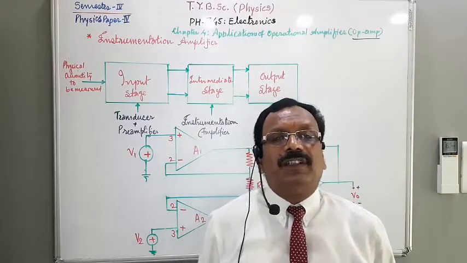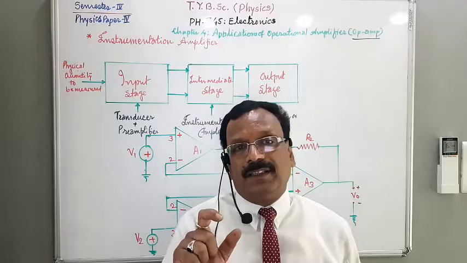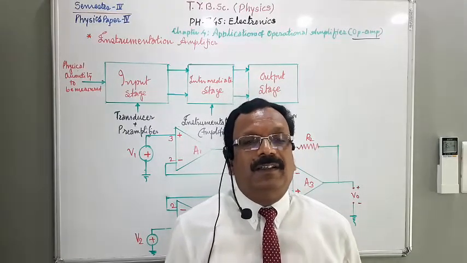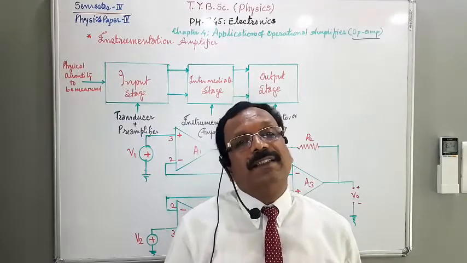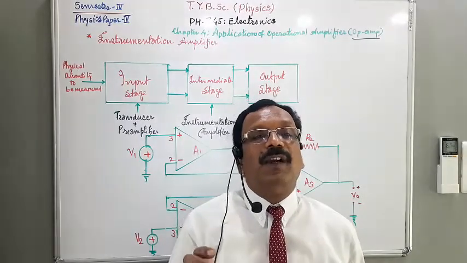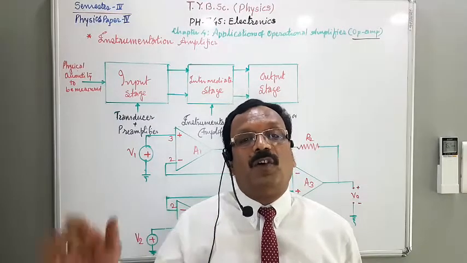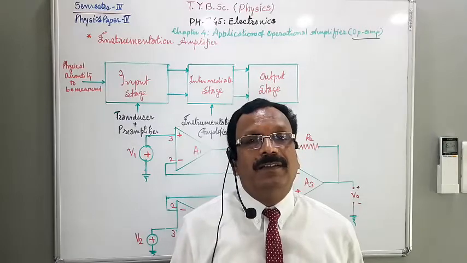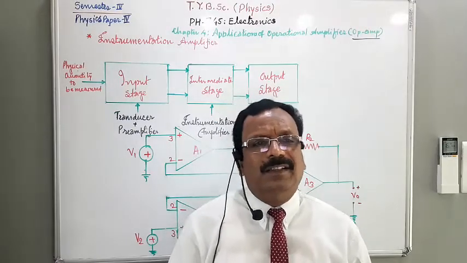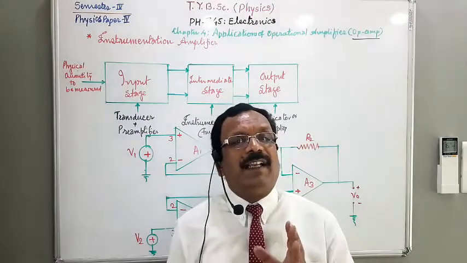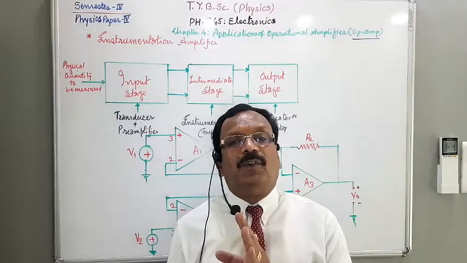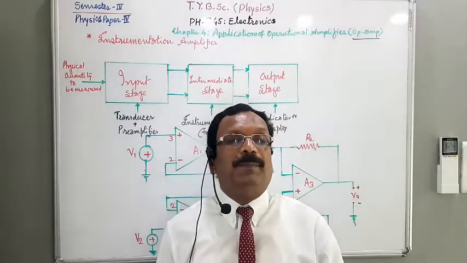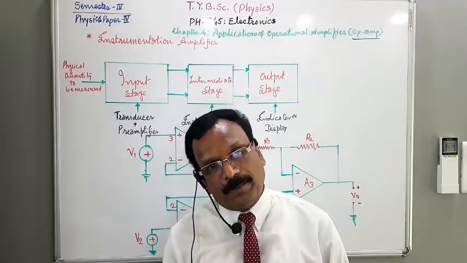Then what is a transducer? The transducer is a device that converts one form of energy into another form, that is, it is an energy converter, and transducers are used according to which physical quantity is to be measured.